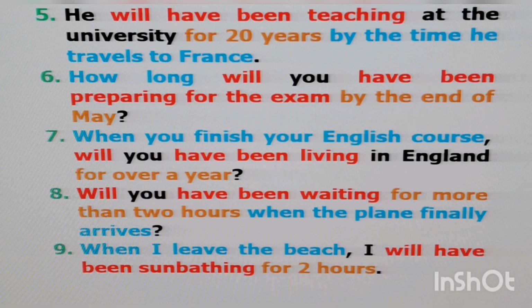Number 9, when I leave the beach, I will have been sunbathing for 2 hours. When I leave the beach, when plus present, this is the time expression. For 2 hours, this is duration, and will have been sunbathing, this is future perfect continuous.